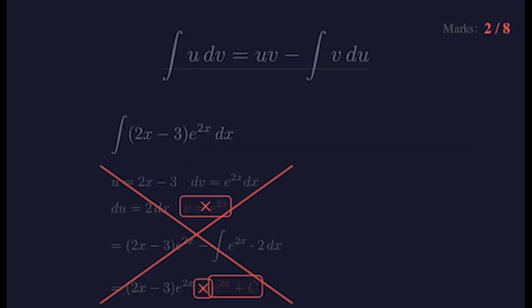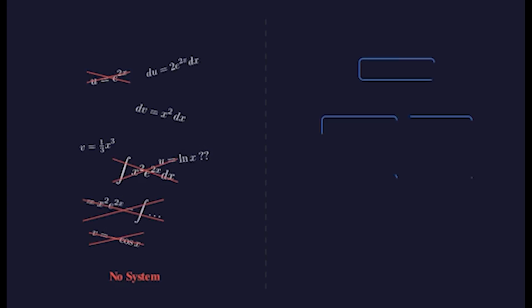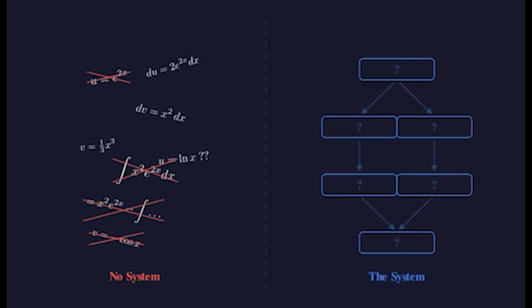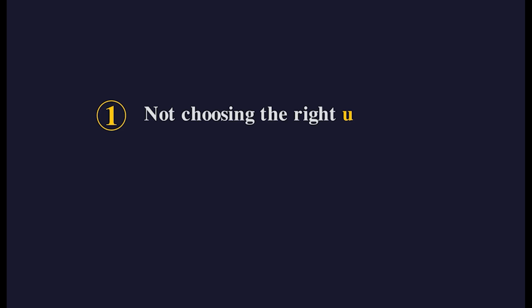And following up from the point I made about a lack of a system, part of that is because many students don't even realize where they're actually going wrong, so they keep making the same mistakes again and again. So in this video, I'm going to show you exactly what a couple of those traps are. The first one is probably the most important.